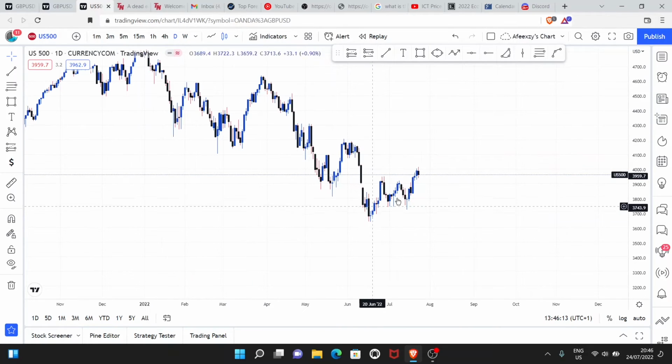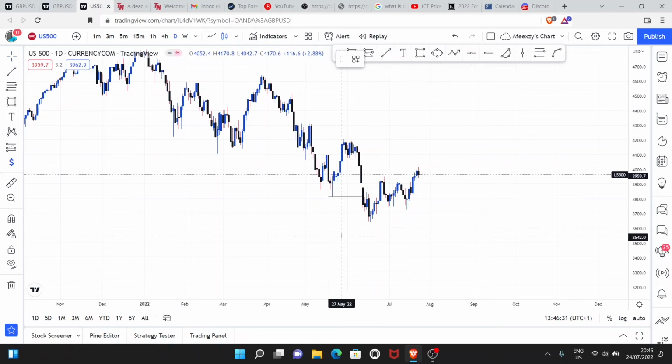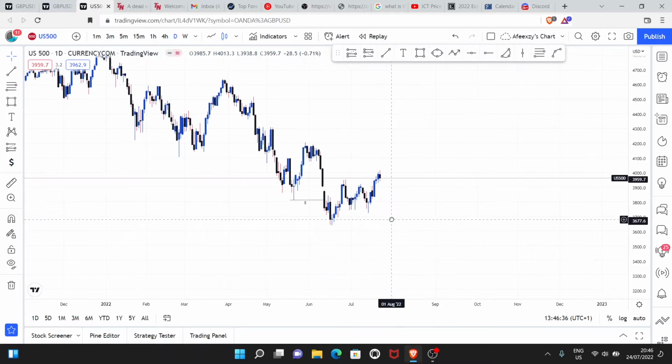Then on the daily time frame, I can see this happening. That is the sell side liquidity grab. Then a change in market structure here.